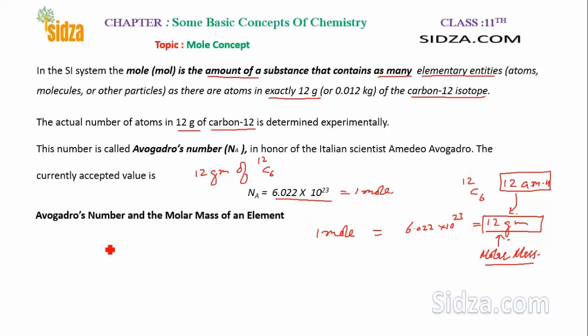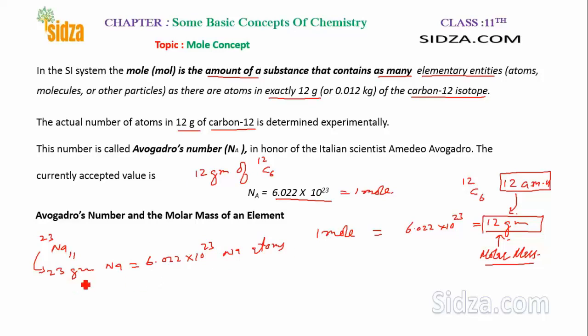So similarly, we can talk about sodium. 1 mole of sodium is how much? It is 23 grams of the sodium. For sodium, its atomic number is 11 and atomic mass is 23. So therefore, when I express the atomic mass of sodium here in grams, which means 23 grams of the sodium, it contains the Avogadro number, which is 6.022 times 10 power 23 sodium atoms, right?